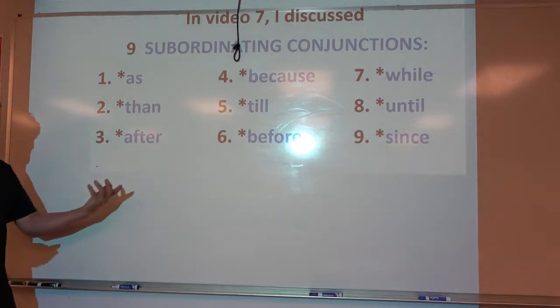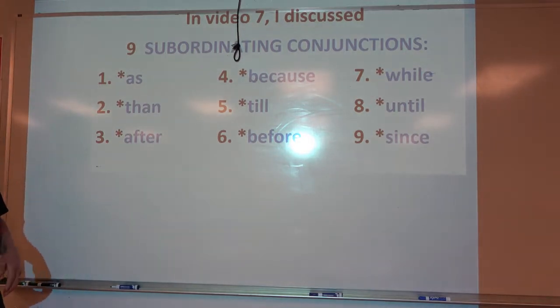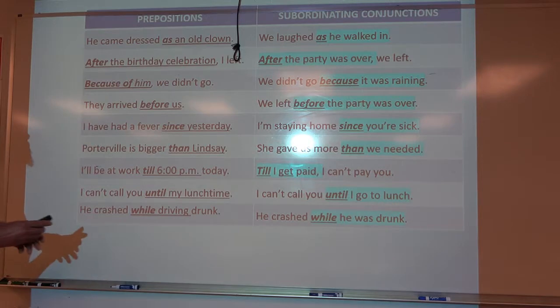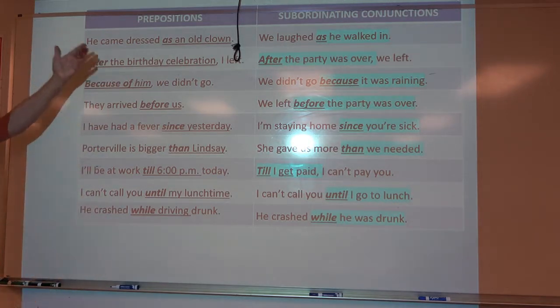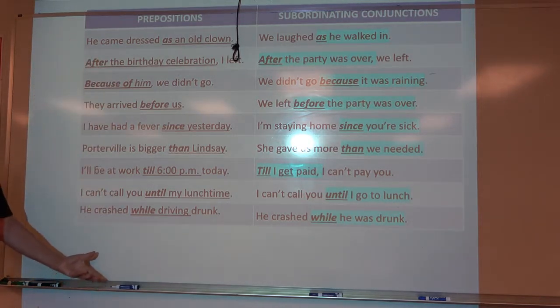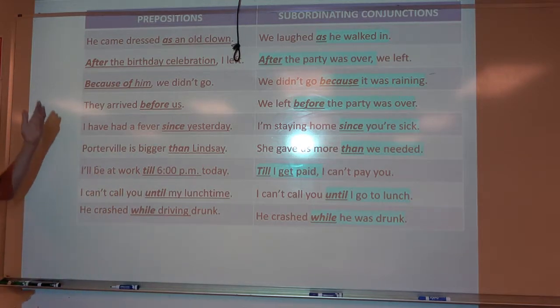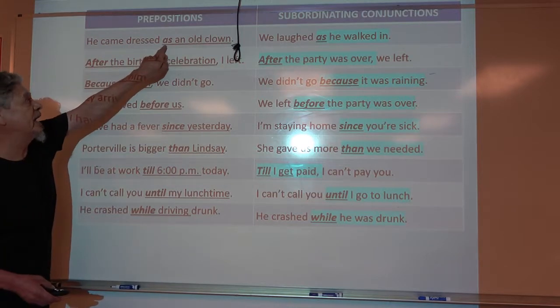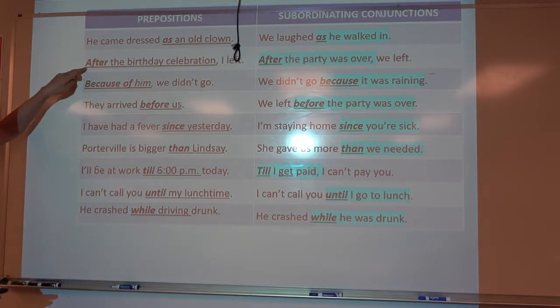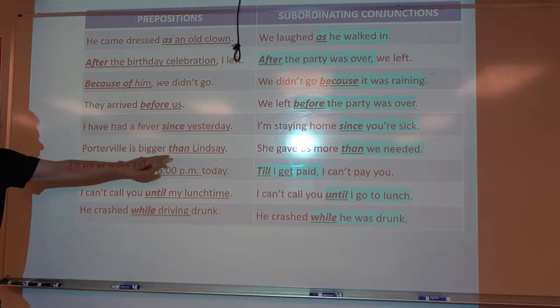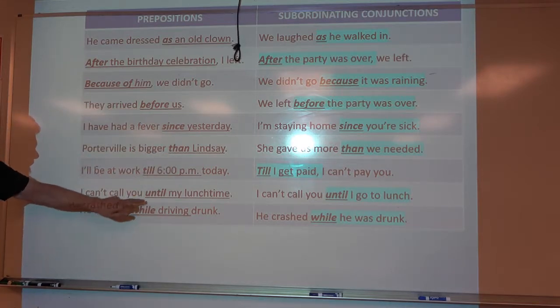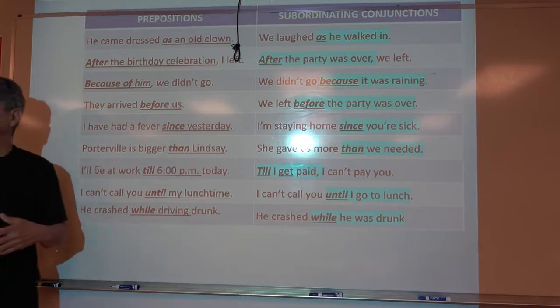These words can function in 2 different ways. And I showed that to you by showing you this box that has 2 columns. On the left side, there are the 9 words: as, after, because, before, since, then, till, until, while.